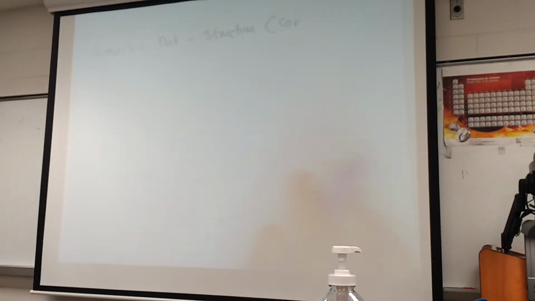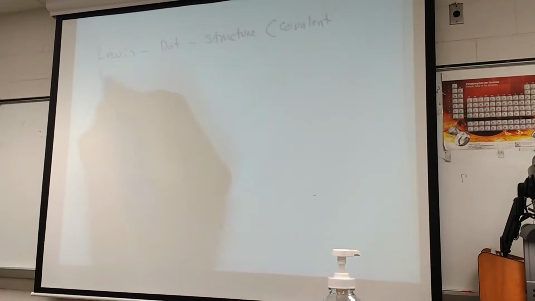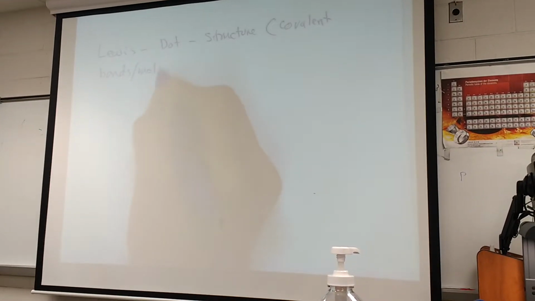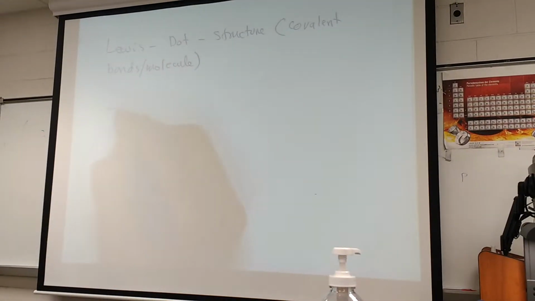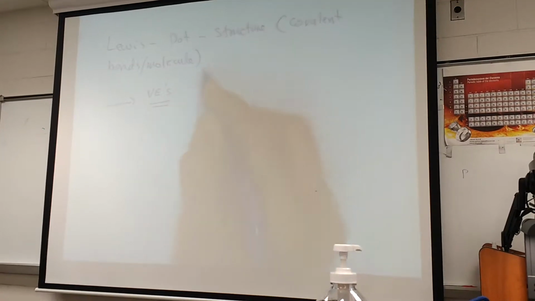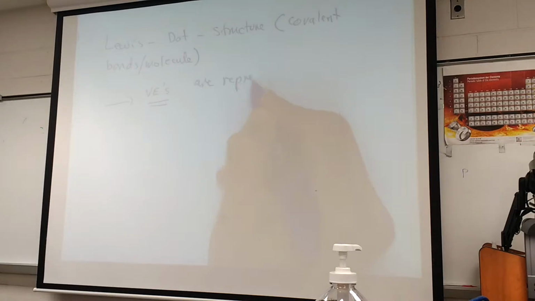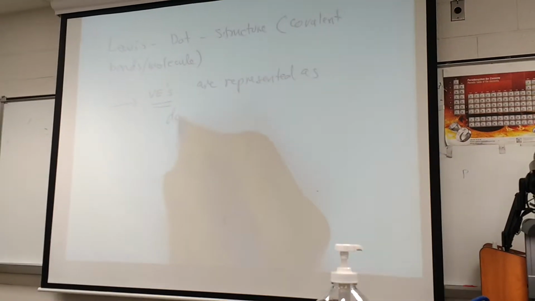Remember that's only for covalent bonds or molecules, not ionic, correct? In Lewis dot, the VEs, the valence electrons, are represented as dots, correct?